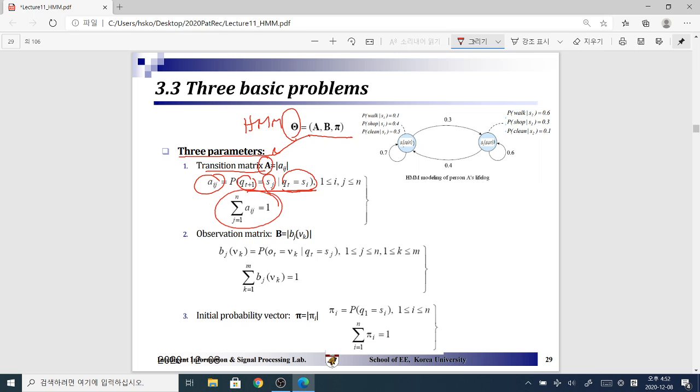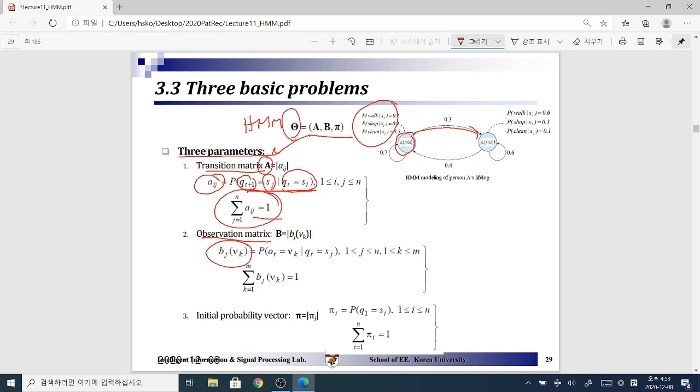And every connecting transition that leaves out of a state, the sum would be equal to 1. And the observation matrix, or actually the observation vector in this case, would be the vector for each of the states.